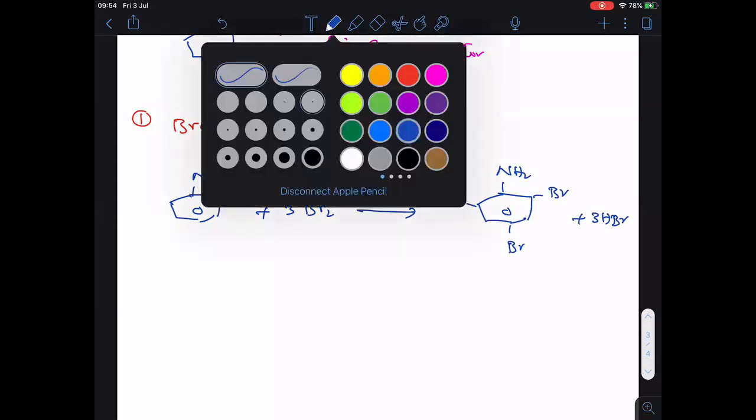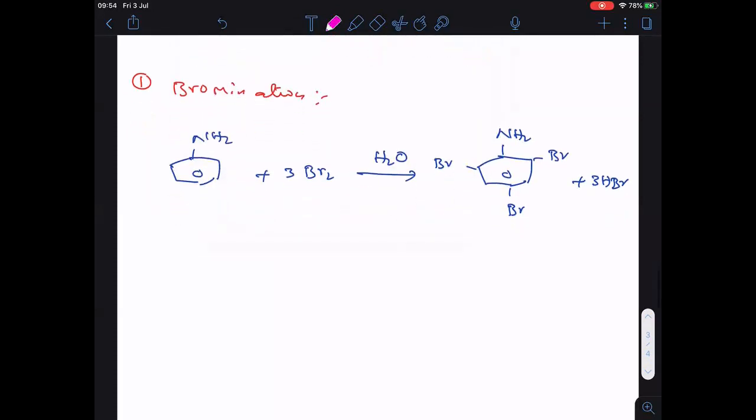Clear? Now what is the name of this one, tell me? This is called 2,4,6-tribromoaniline.